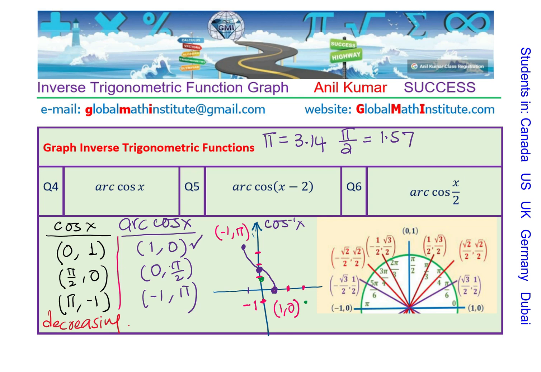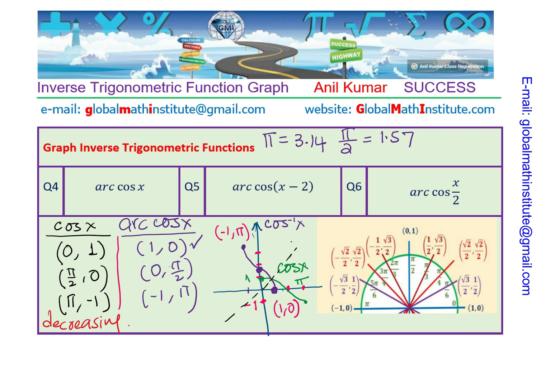And pi by 2, which is more than 1, it was kind of like this. You see that? That is the graph of cos x. So the cos x graph, which was from 1 to minus 1 and from 0 to pi, has been reflected on the line, which you know is y equals x, to give you the inverse.